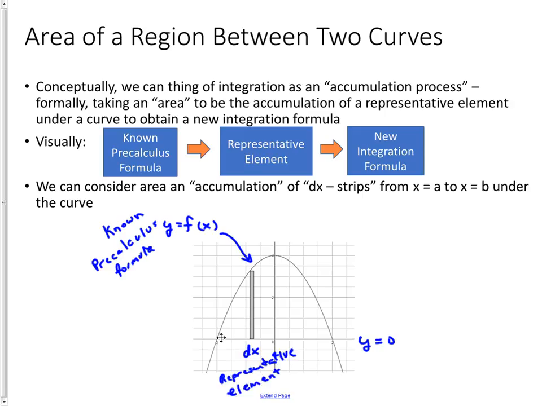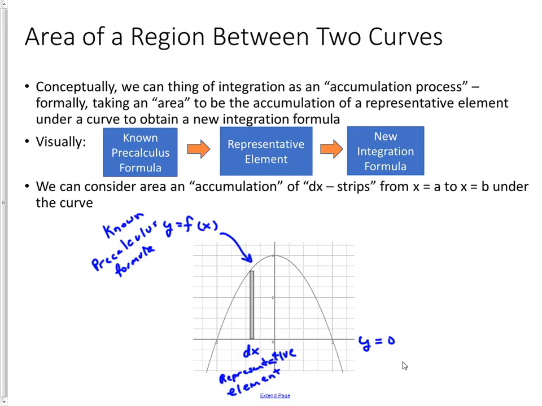Then each of these representative elements, as we go from left to right, accumulate in area, perhaps by small widths of dx, but if we have an infinite number of those dx widths, we can build them up to get the total area from A to B.